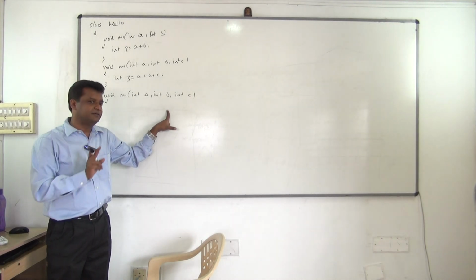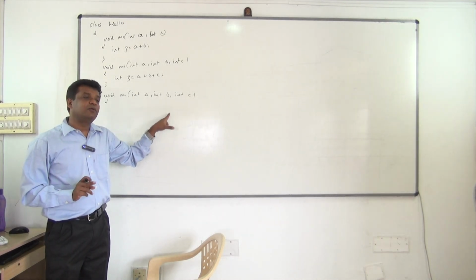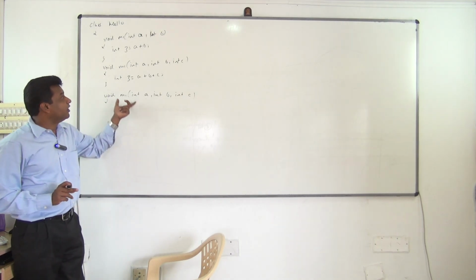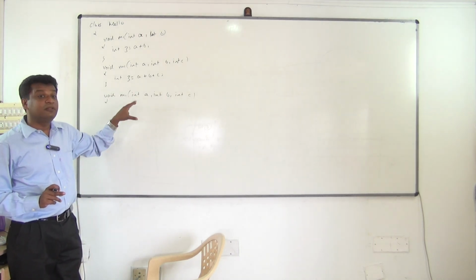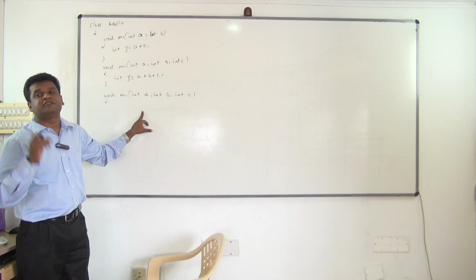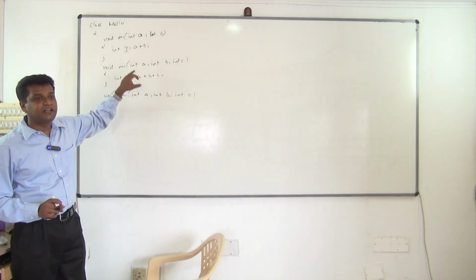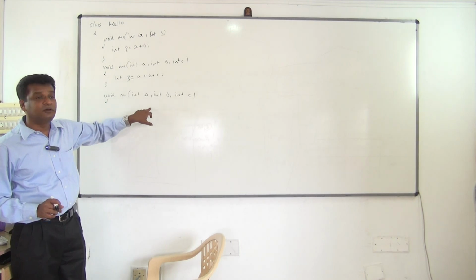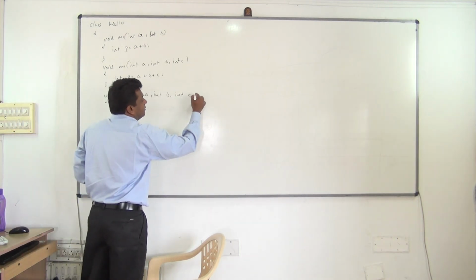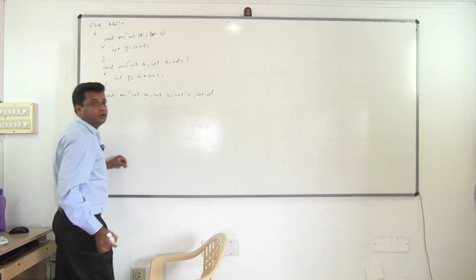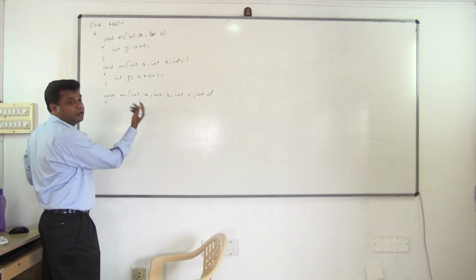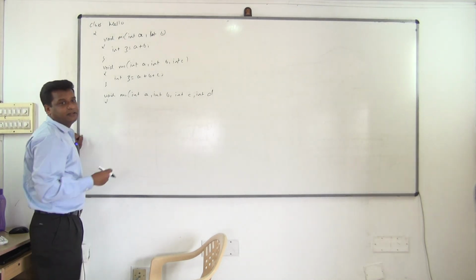That is one thing we are observing. But the problem is the number of parameters is varying. Here I am having 2 parameters, here 3, here 4. So the number of arguments which come is varying.